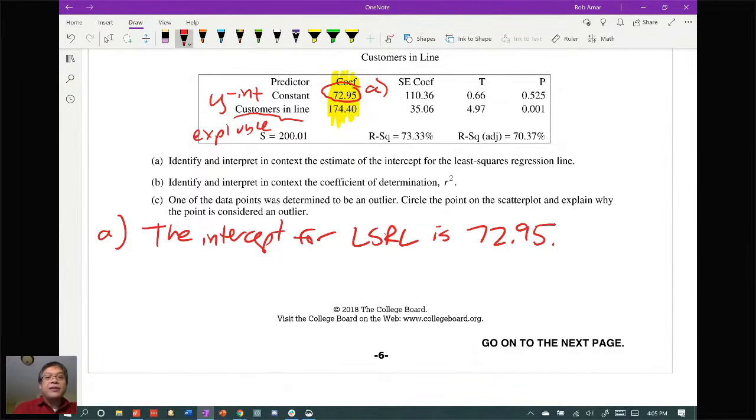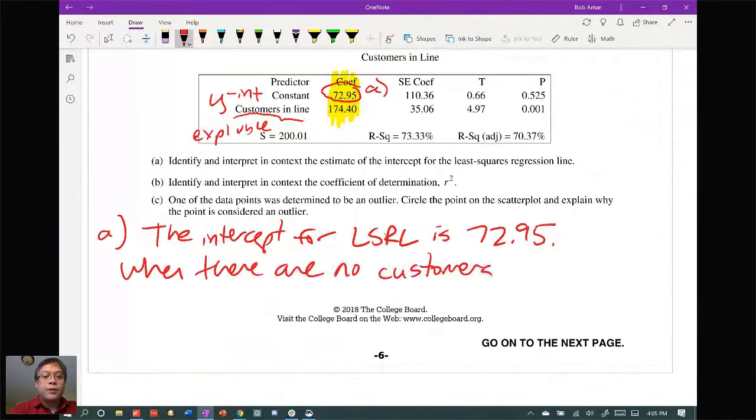And what that says is the y-intercept is when the horizontal variable, the variable on the horizontal axis, is equal to 0. So what we're looking at here is when there are no customers in line ahead of the person, when there are no customers in line other than the person checking out, I guess.